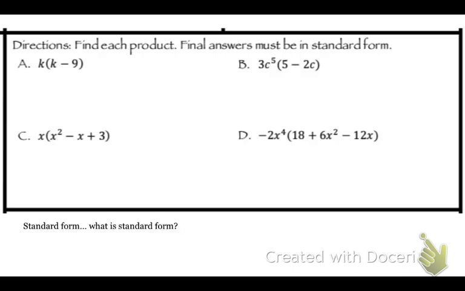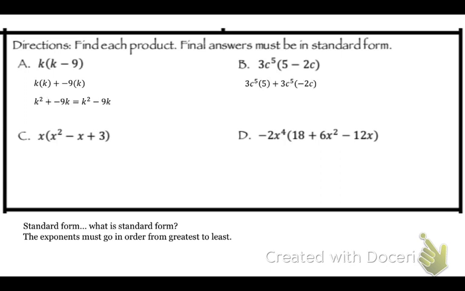Okay, again, standard form. What is standard form? The exponents must go in order from greatest to least. So we're going to distribute that in, and you get k squared plus negative 9k, which is k squared minus 9k. Let's do B. Distribute that in. So we have 3c to the 5th times 5 plus 3c to the 5th times negative 2c.